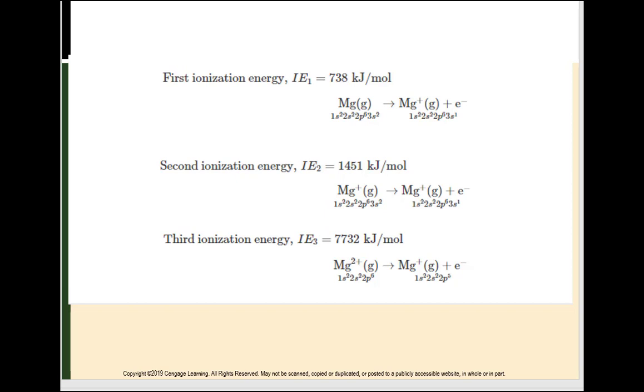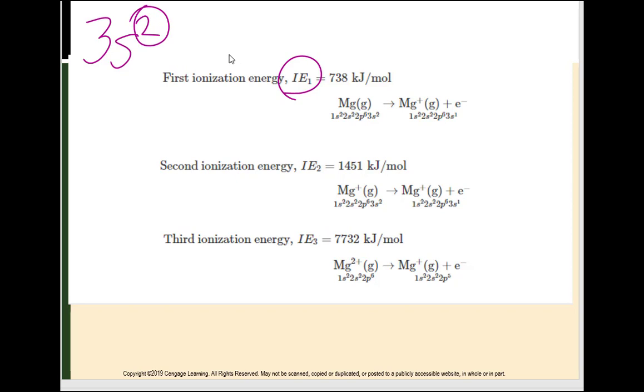Let's look at magnesium, for example. Magnesium on the periodic table is in the third energy level and the second element there. So to remove one, that's called our first ionization energy.